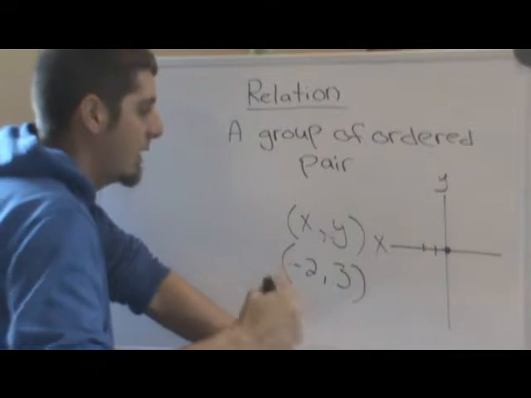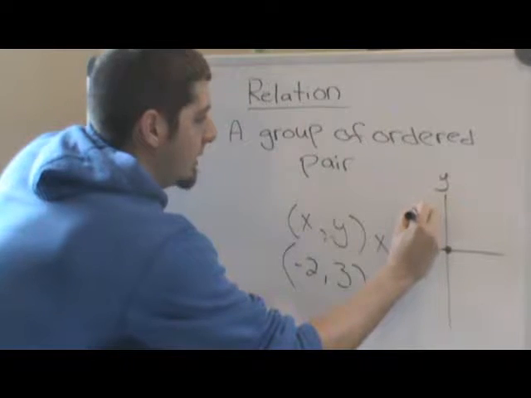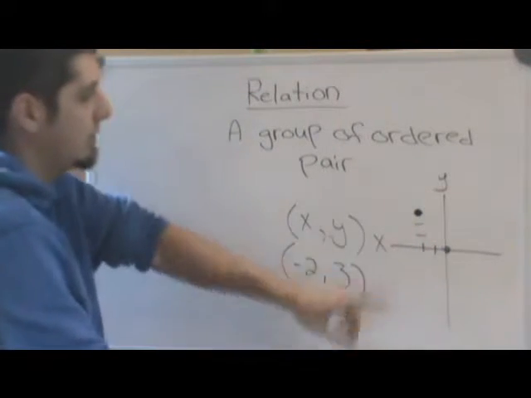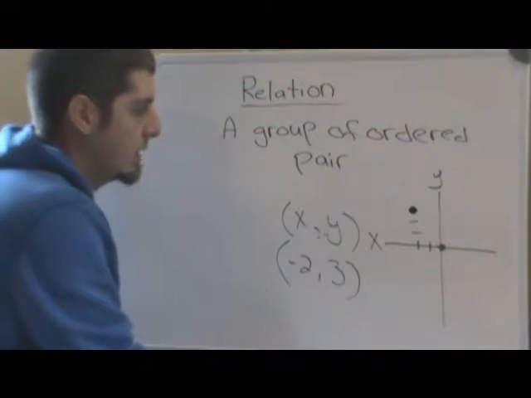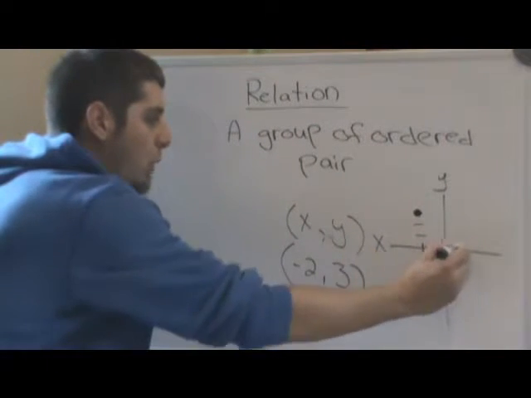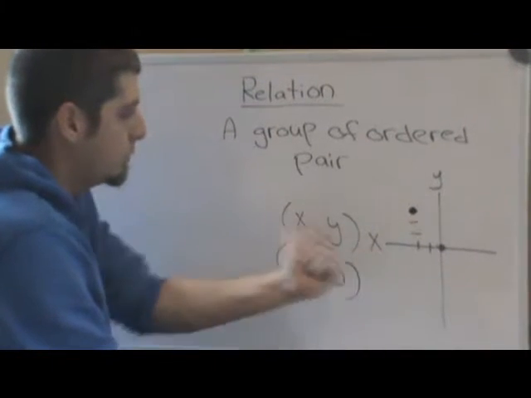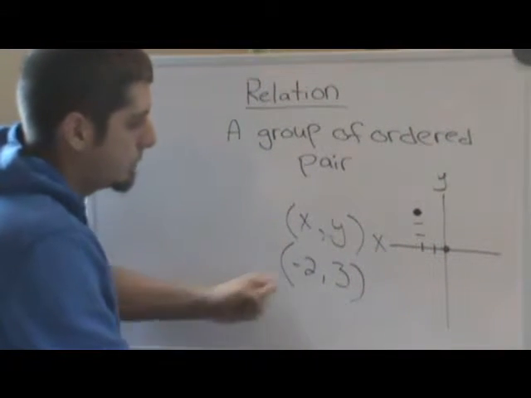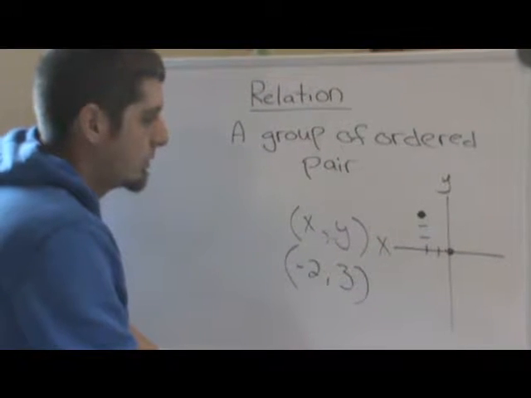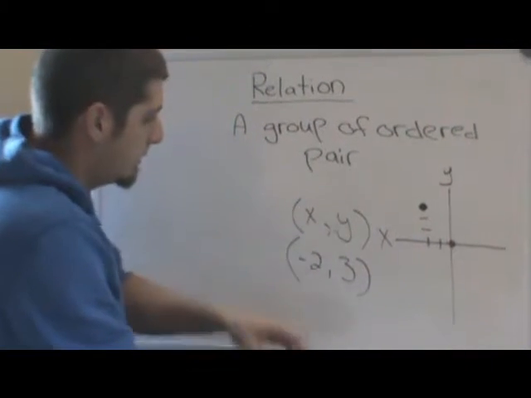Up is the positive direction, so we go up 1, 2, 3. And that is where my ordered pair leads me. That is the point my ordered pair represents on this graph. On the X axis, negative numbers move to the left and positive numbers move to the right, just like on a number line.